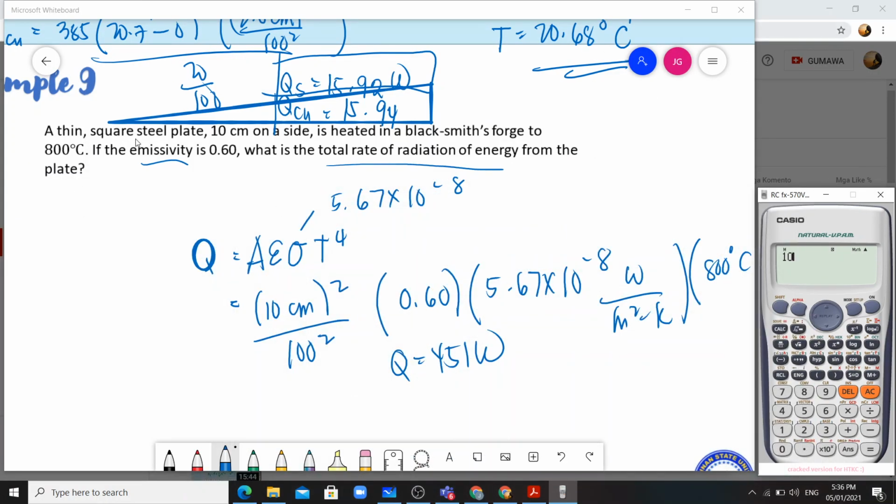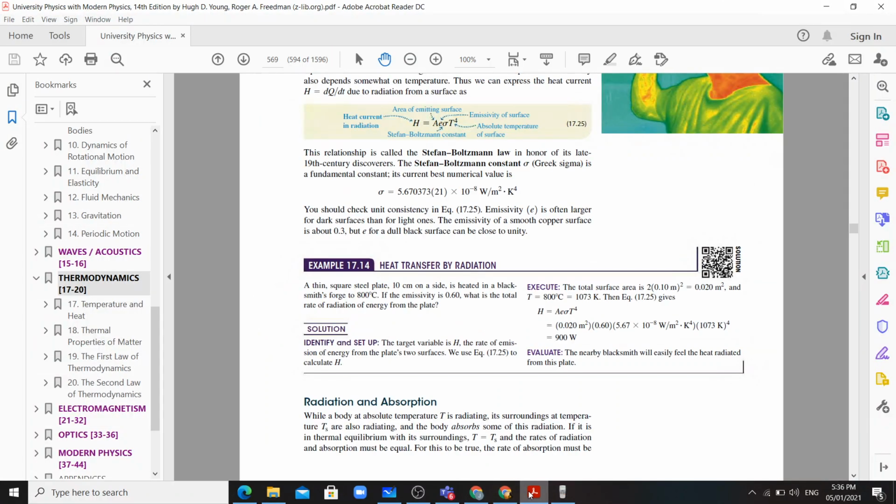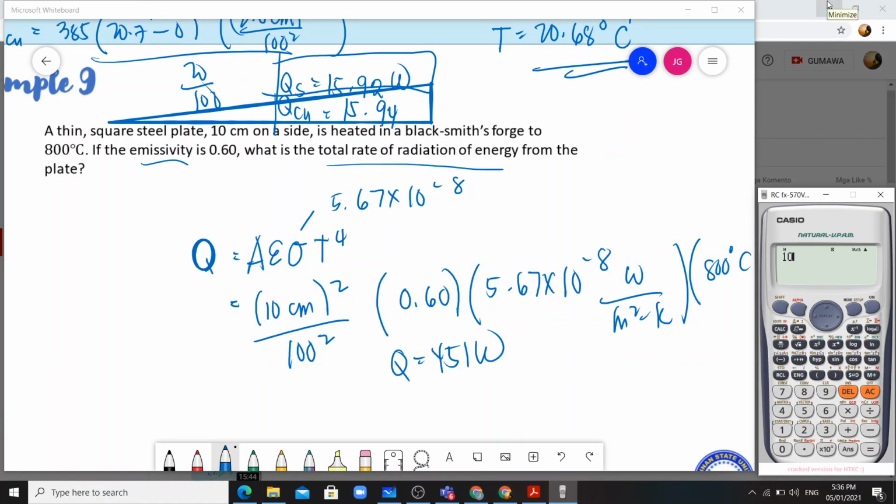A thin square steel plate, 10 cm on a side.